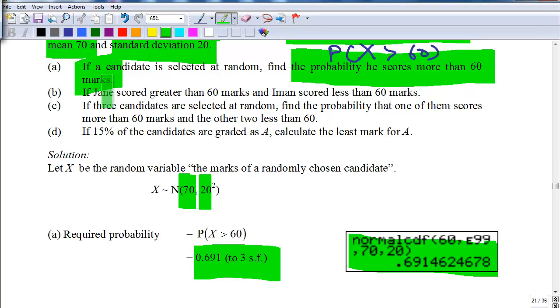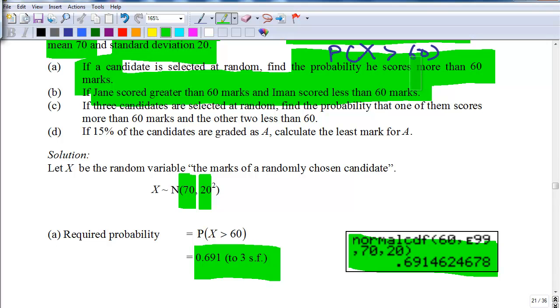Now I'm going to use the answer for part A for parts B and C as well. Now in B, Jane, a student, you want to find the probability that Jane has scored greater than 60 marks and Imran scored less than 60 marks. You have 2 students, 2 independent events, and you want to find the probability that one of them will score greater than 60 and the other one will score less than 60.